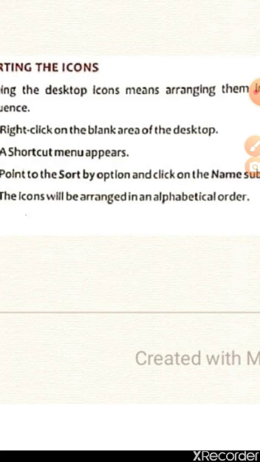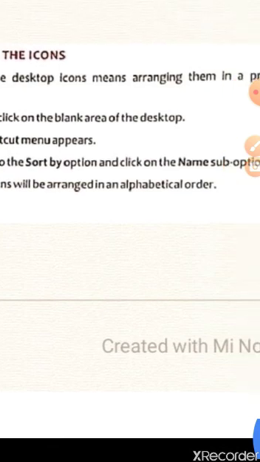We all know what alphabetical order is. We have learned it in English grammar also. It will be arranged according to the file name. If a file starts with A, that file will be shown at the top. If a file starts with Z, that will be at the bottom of the desktop. This is the sorting of the icons.